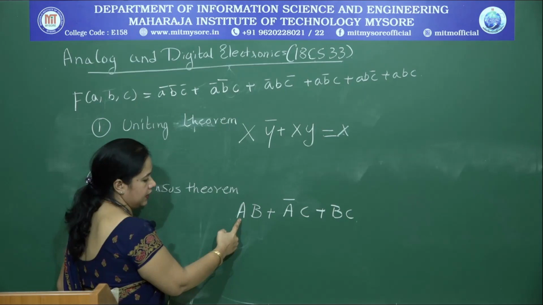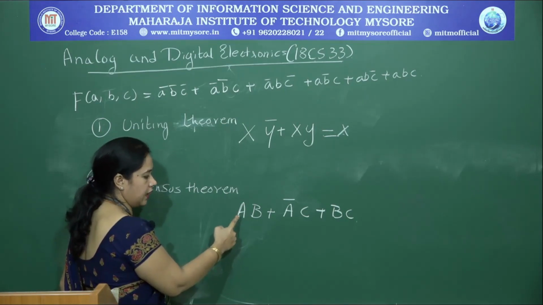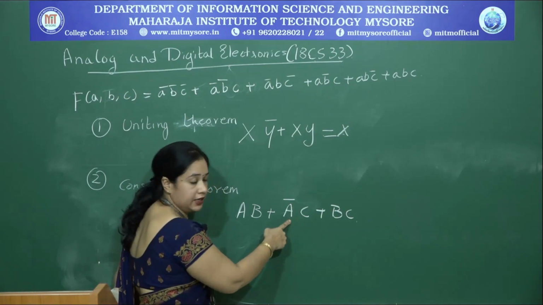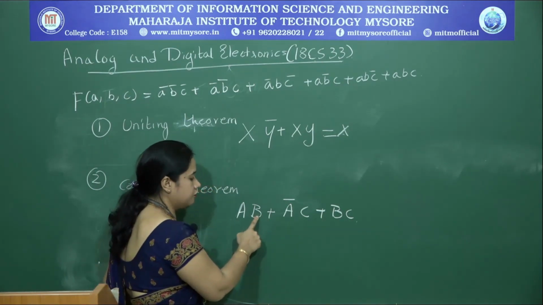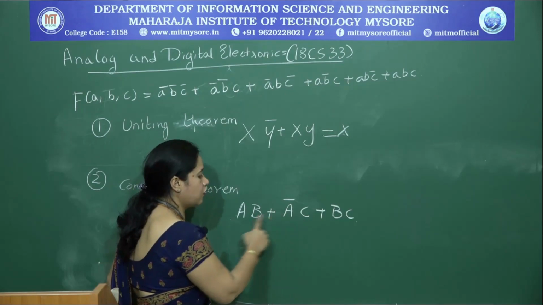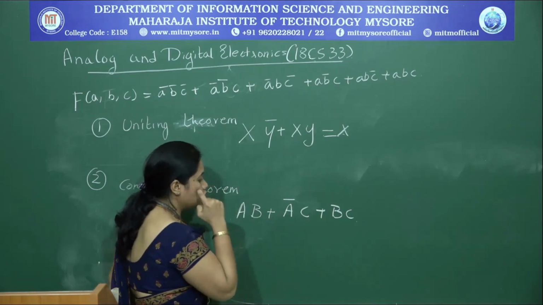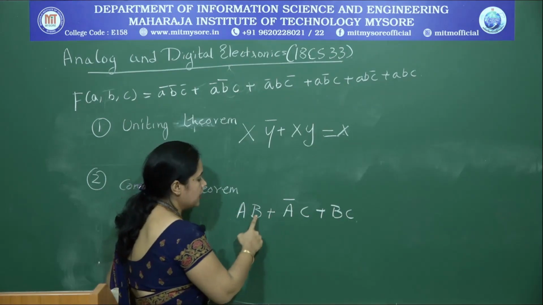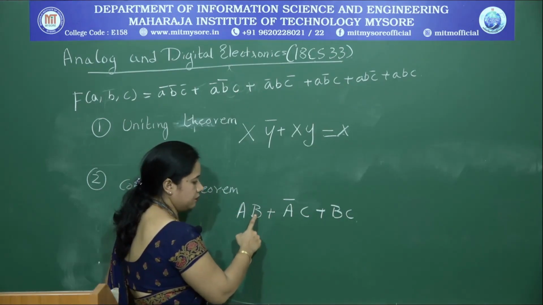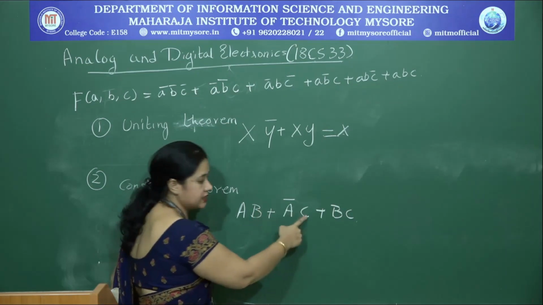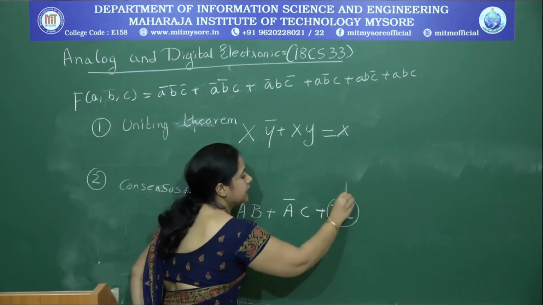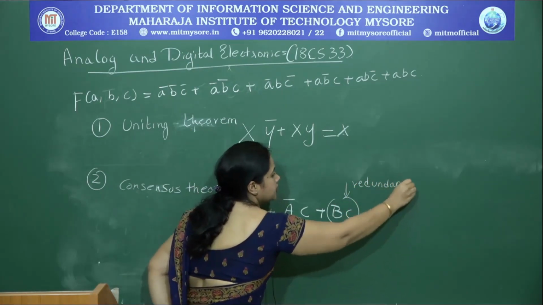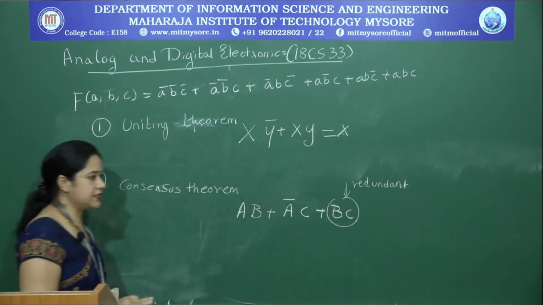Literal A appears in its uncomplemented form in the first term and in complemented form in the second term, and we have a term formed by the product of the other two literals, that is BC. When you have an expression like this, the term BC is redundant and can be easily removed.